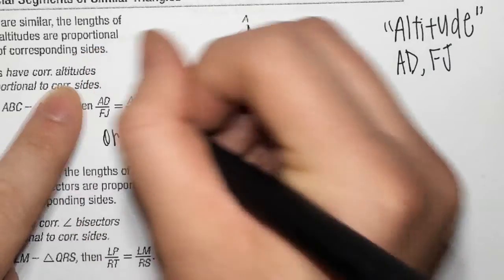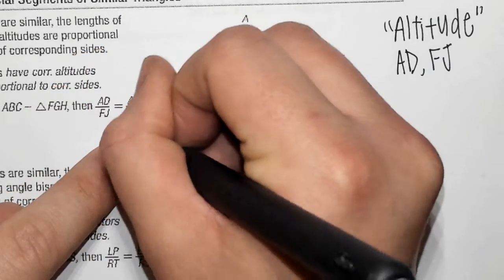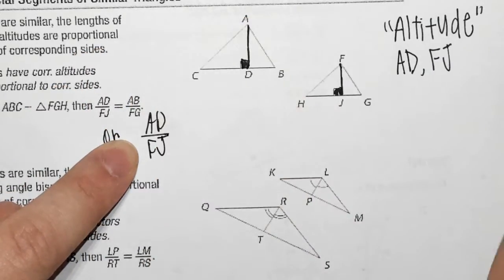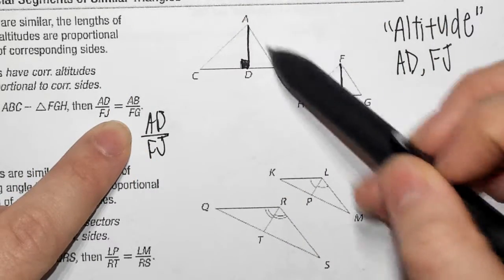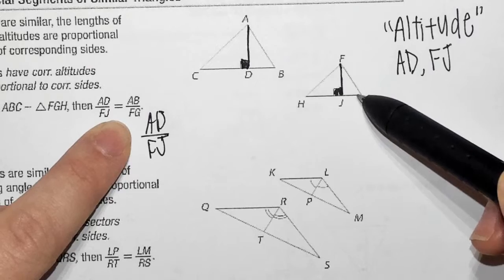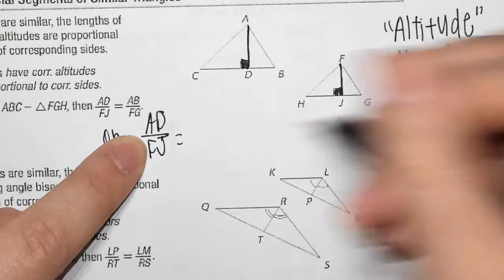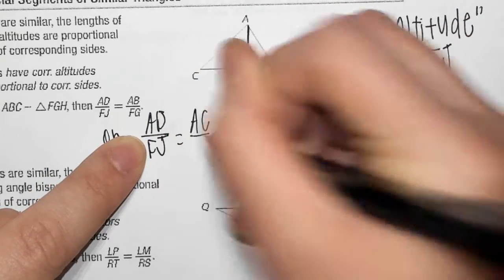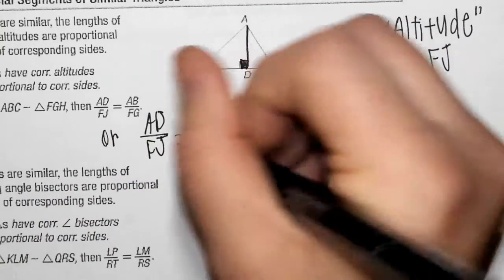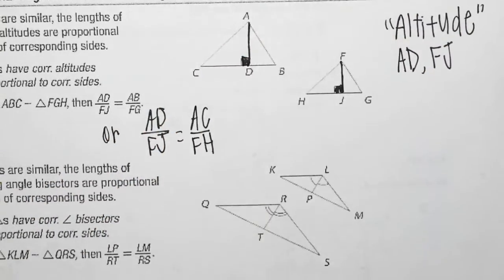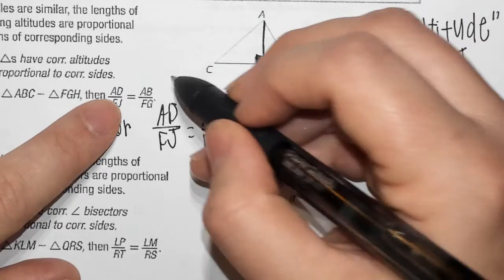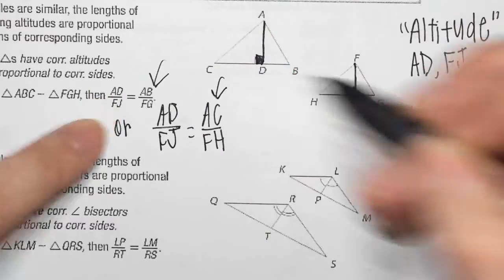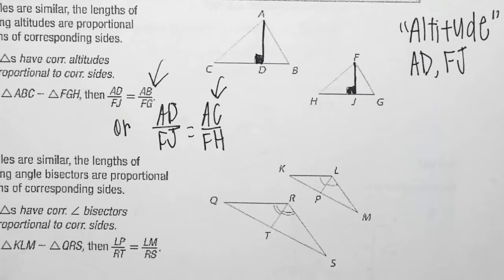You always use your altitude, but it doesn't matter which side you use. So you can have AD is to FJ as AB is to FG, or you can use the other sides, which would be AC to FH, whatever. So you're always going to use your altitude, but your sides can change. So that's using altitudes.